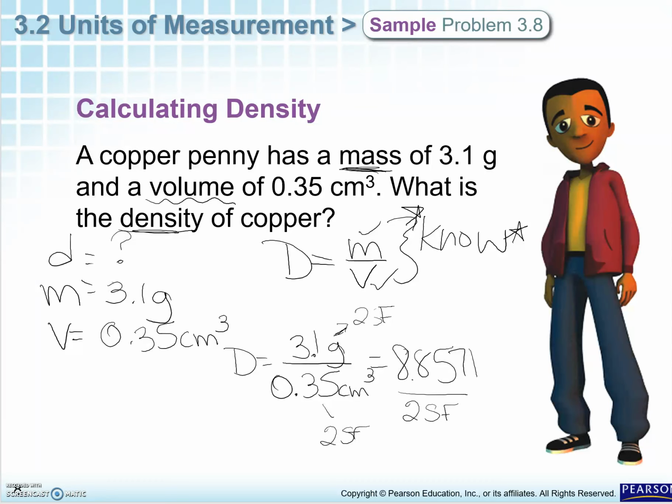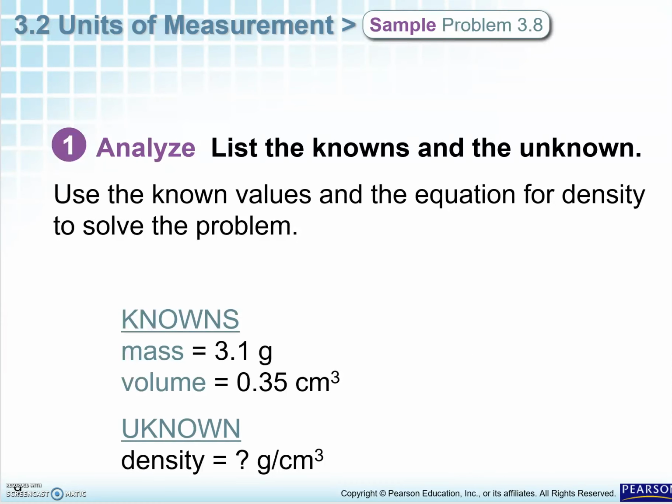Therefore, we have our first 2 marked right here. We're going to look to the right, and it is 5 or above, so that causes our number to round up. So our final answer would be 8.9 grams per centimeter cubed. And if you want that all drawn out for you, again, we have those here in the PowerPoint, which is also online.